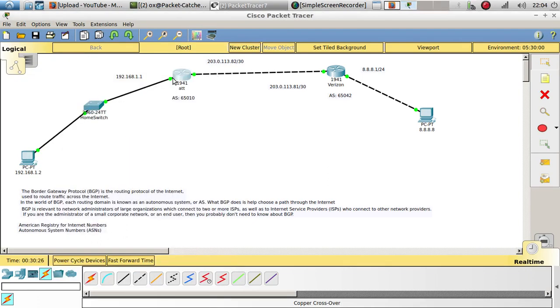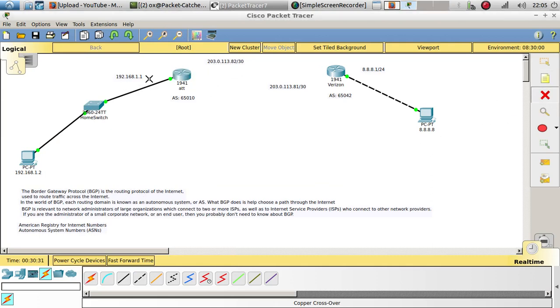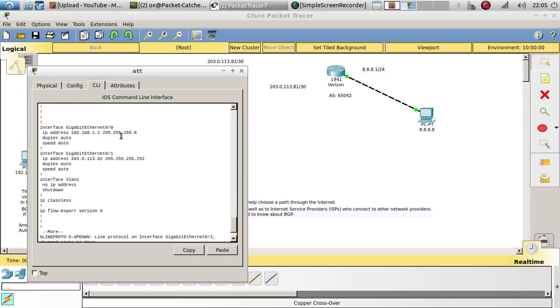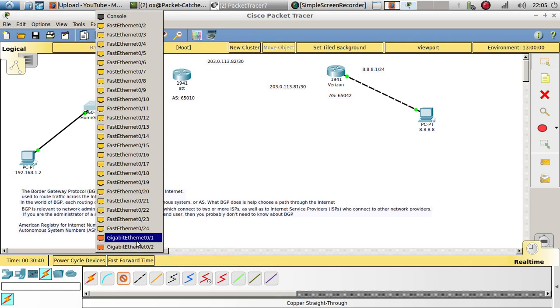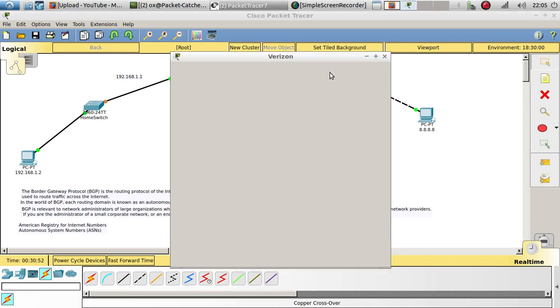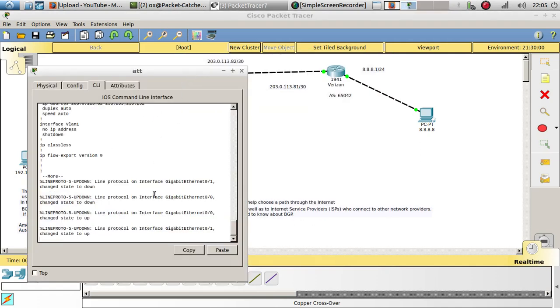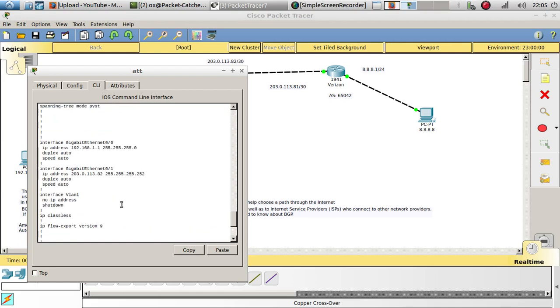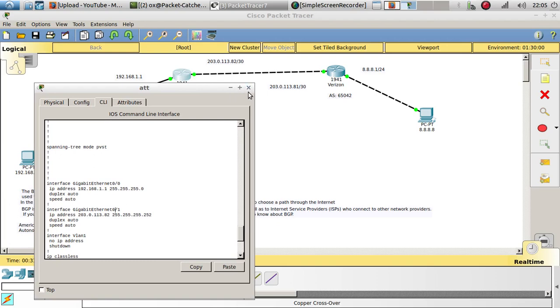I plugged this to the wrong one, so let's go ahead and cancel this. So this one is supposed to be 0/0 right here, and this one's 0/1. Let's see. 0/0, good, and this one is 0/1. Okay, so this is good. This is configured correctly now.